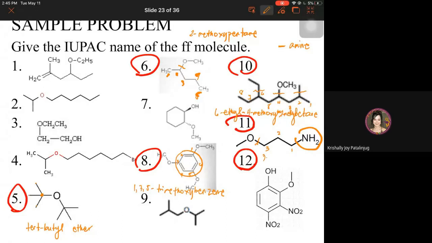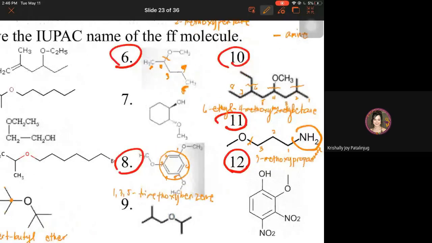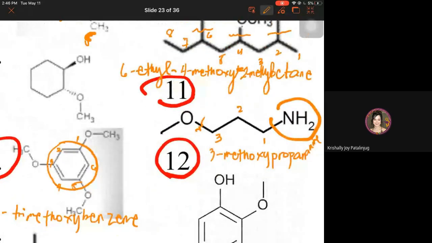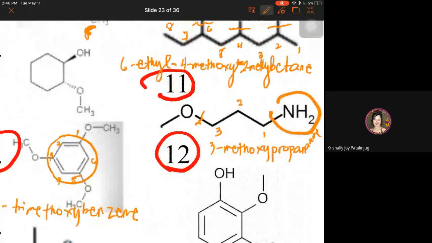So, you simply write 3-methoxy. Okay? Methoxypropan. Okay? Change the E to amine. Propanamine. So, ayan. Propanamine na siya.